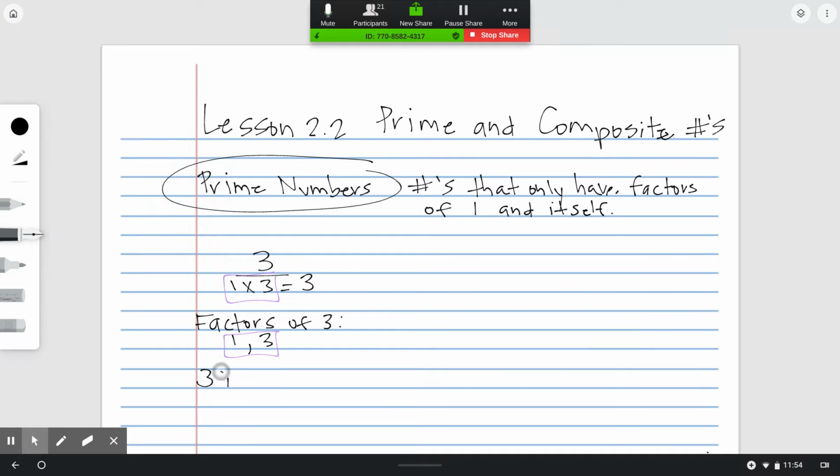So 3 is prime. It's a prime number. If you only get the number 1 and itself when you make that list, it is called a prime number.